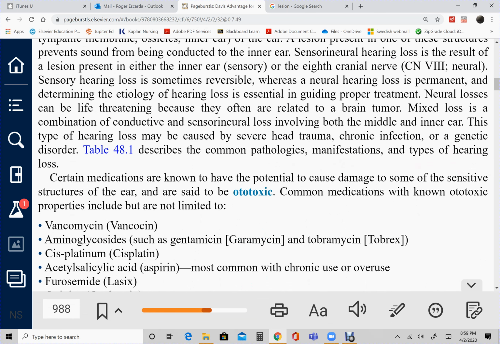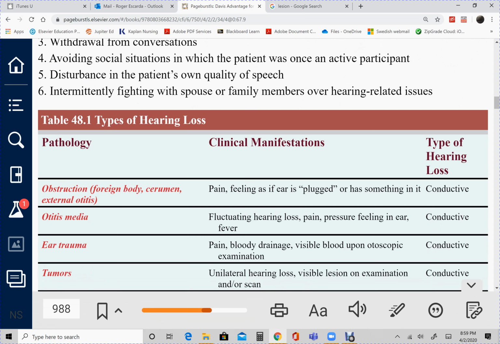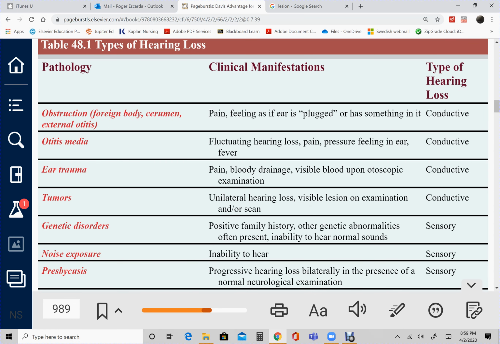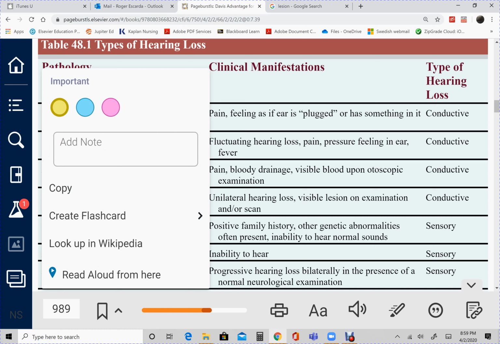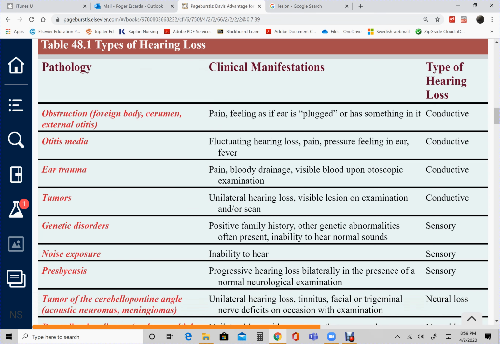If I look at the causes which are here in table 48.1, if I put all these together, here we have 4 examples of conductive hearing loss. These more involve an obstruction type, meaning this one obviously is an obstruction, but so is otitis media, because in otitis media there is an infection that will cause swelling and inflammation.